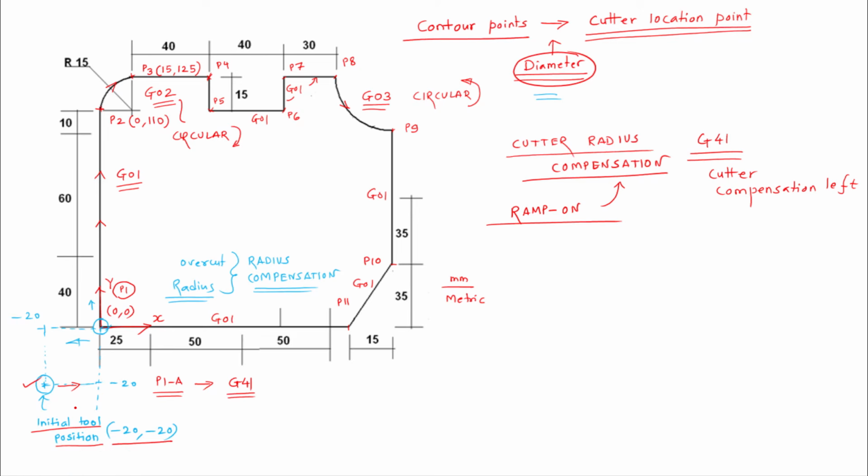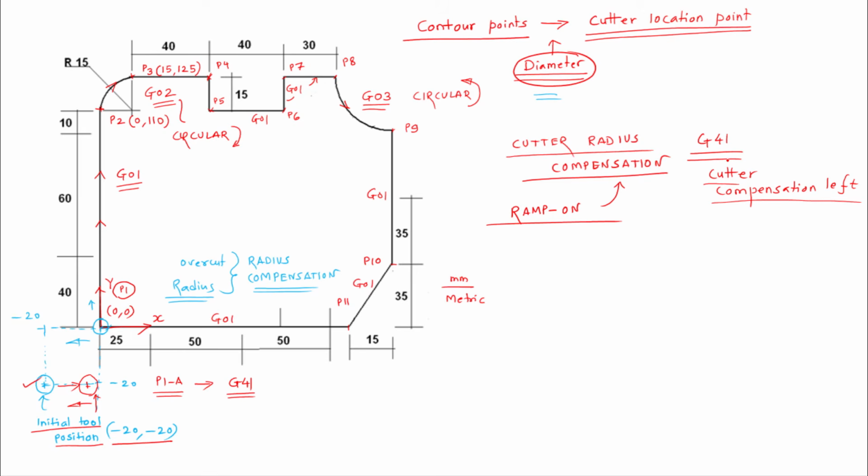When we are approaching from initial position minus 20 to P1A, the tool center will not come at this point. It will be offset by the tool radius towards the left of the path of travel. So the path of travel is this, and we are asking the cutting tool to move towards the left direction. So that is called the cutter compensation towards left.